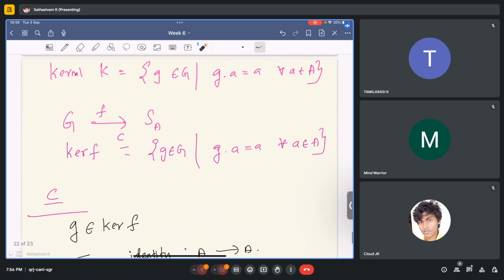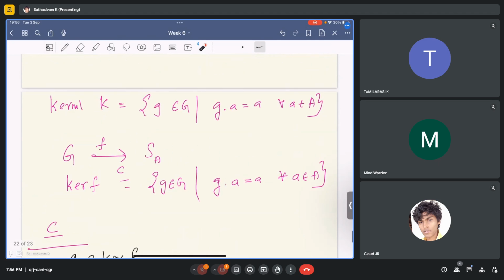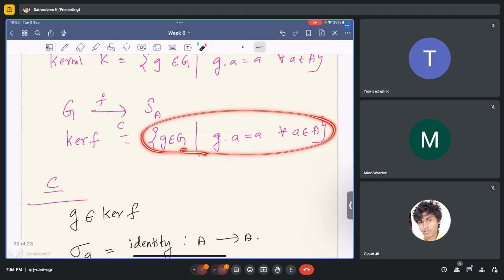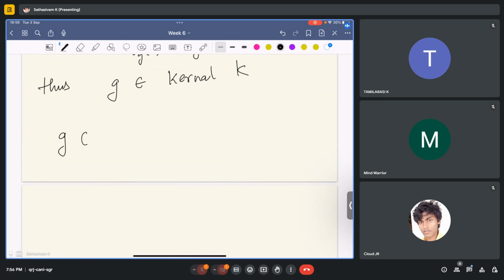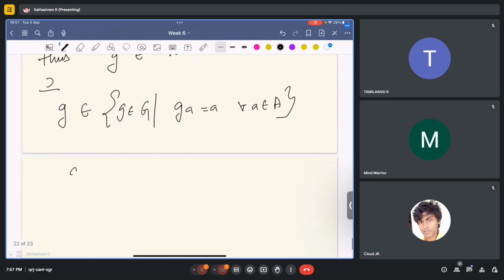Okay, let's prove the other way around, that this set is contained in the kernel of F. Let's start with g belonging to the set of all g in G such that g·a equals a for all a in A. We claim that g belongs to the kernel of F. So what is F?